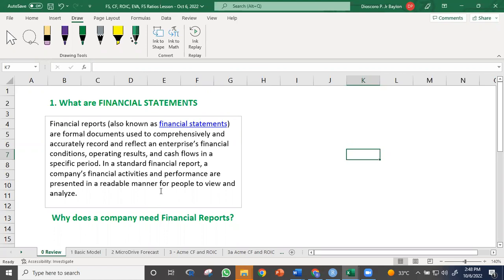What do you think? Any suggestion? You may chat, or you may wish to raise your hands. What do you think is the reason why a company needs to generate financial reports?